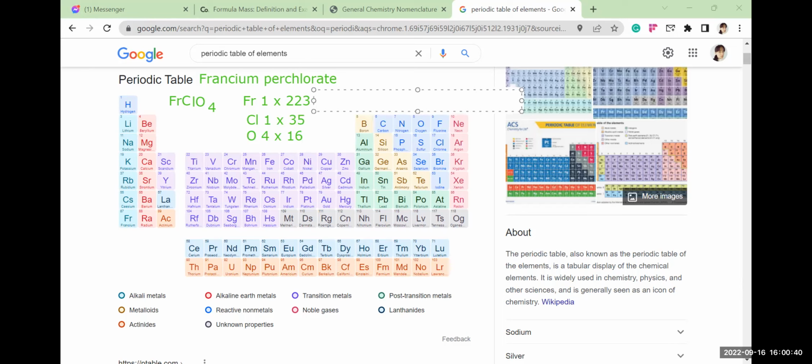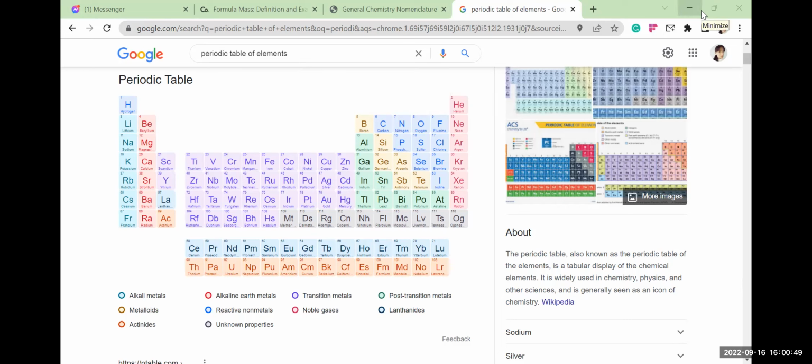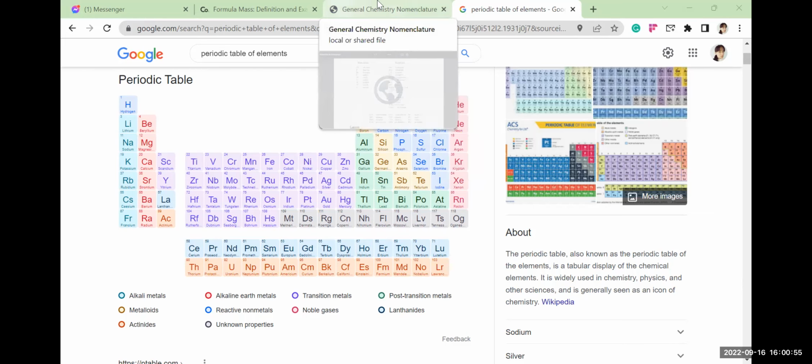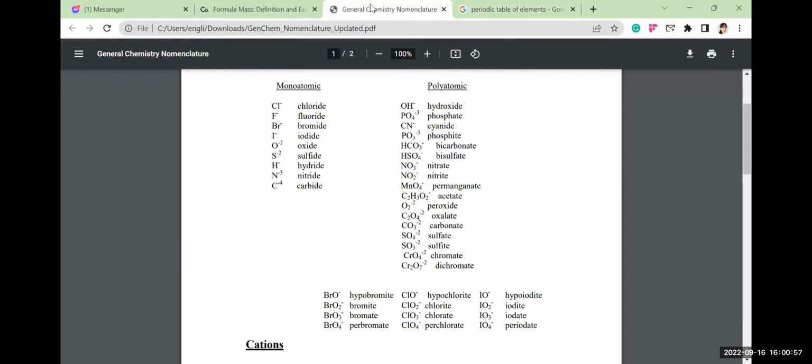Okay, now can you compute for the formula mass? 322. Very good. And how about if I ask you to form a compound called gallium carbonate? What does gallium carbonate look like?